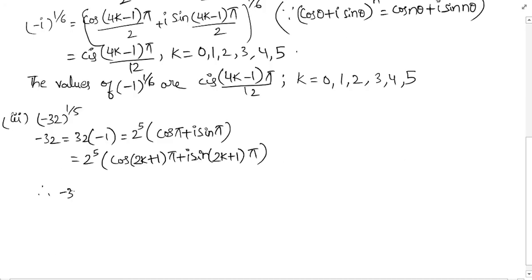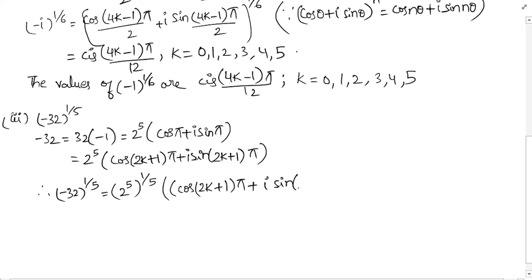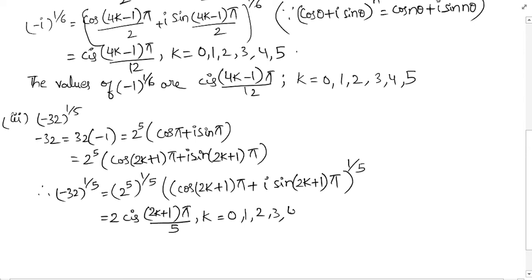So therefore minus 32 to the power of 1 by 5 can be written as 2 power 5 to the power 1 by 5 into cos of 2k plus 1 pi plus i sin of 2k plus 1 pi to the power 1 by 5, which is again equal to 2 cis of 2k plus 1 pi by 5, where k is equal to 0, 1, 2, 3, 4.